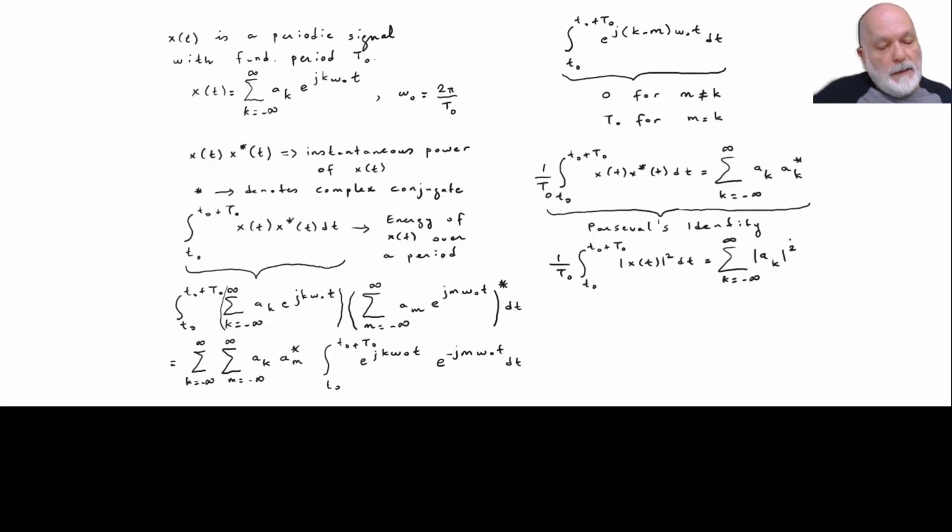Now, remember we have interpreted x of t times x conjugate of t as the instantaneous power. So if we look at the left-hand side of Parseval's identity, we see the integral of instantaneous power over a period divided by the period itself.